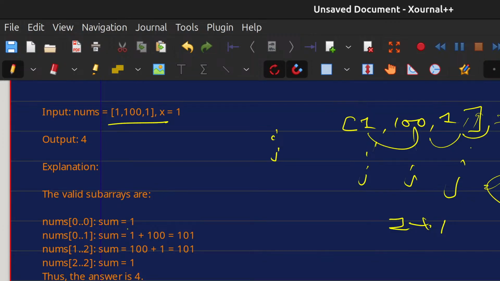So the subarrays we have to find. Order of n square is very simple, but order of n is hard.